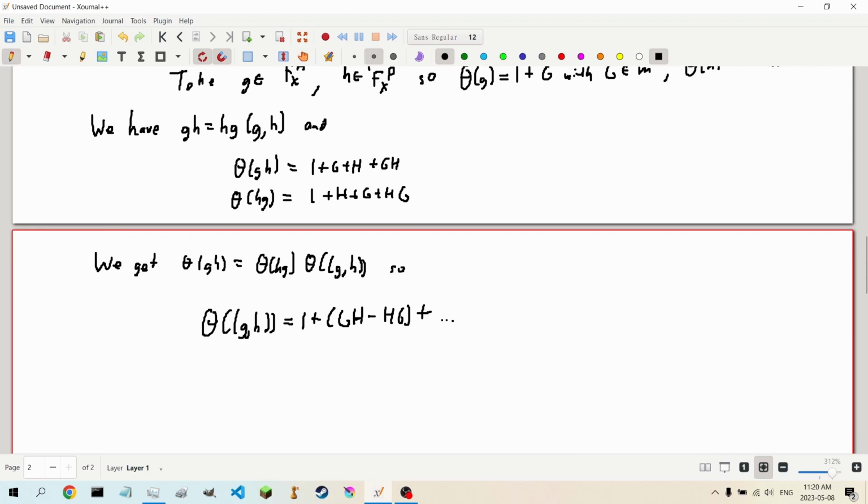Therefore, the commutator is in F_{m+p}(X)', and therefore this whole thing is a filtration.